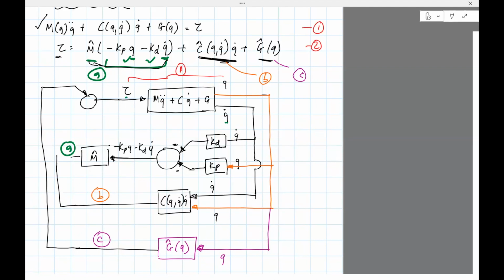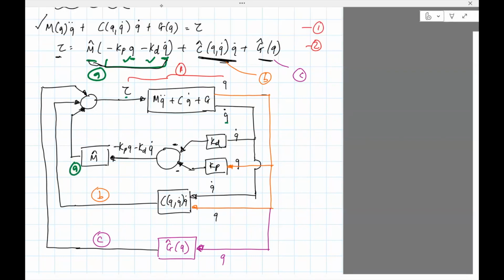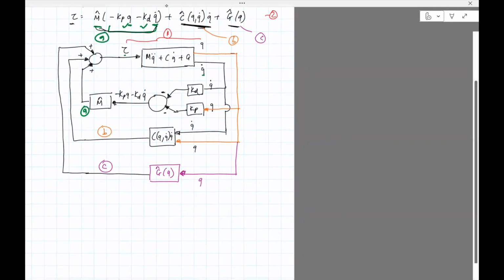Then let's get B. And then let's get A. And then I just need to sum. So this tau now is showing me how the system closes back the loop.